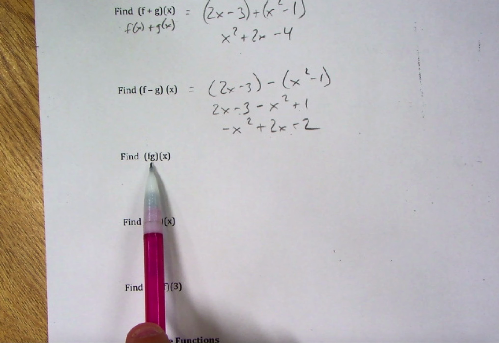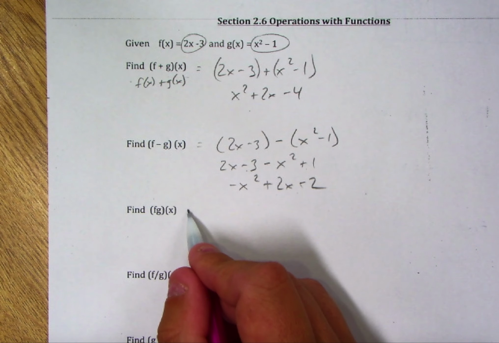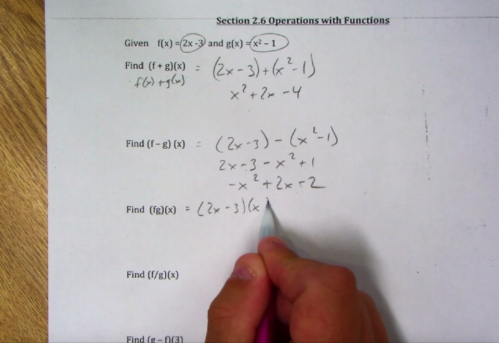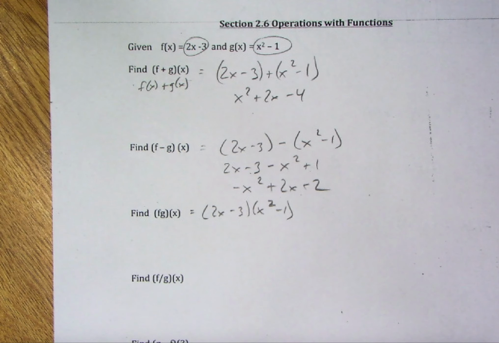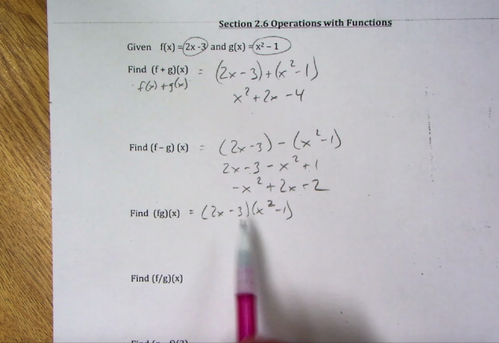The next one is multiplication. f times g of x. So now we're just going to put our two functions next to each other and FOIL it out. So again, none of this is new. It's just new notation. So now I have to actually multiply these two functions together. So distribute.